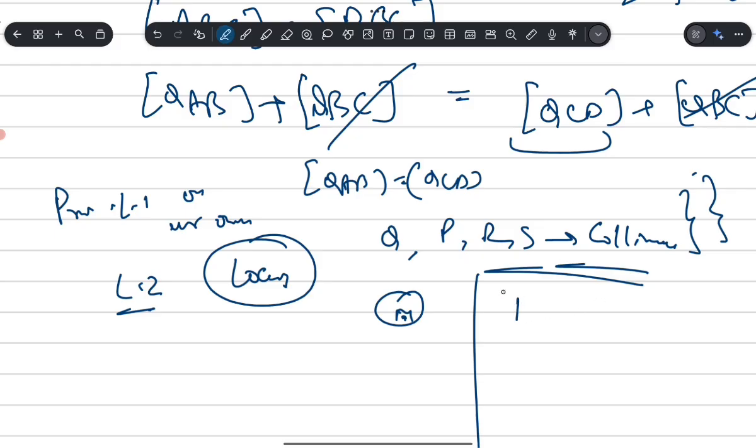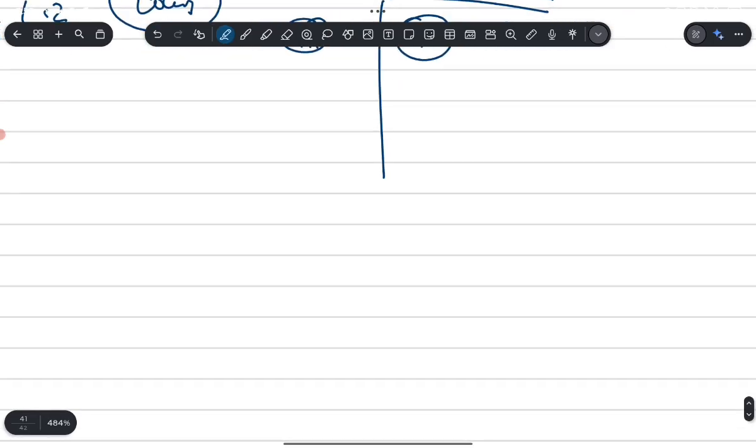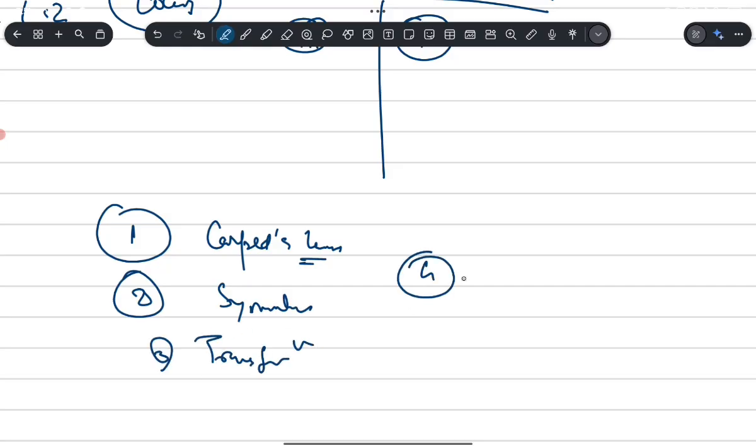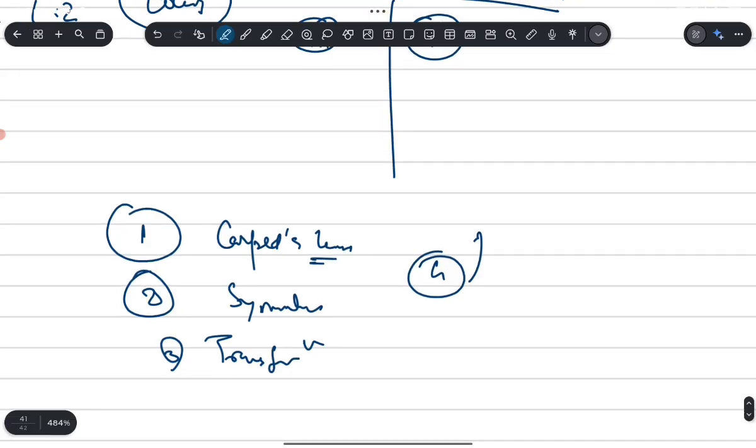Today we did four things. Let me give you a bit of recap. What was the first thing? The carpet sliver. Second, symmetry. Third, transformation. And the fourth is this. I hope you're clear with all these four things.